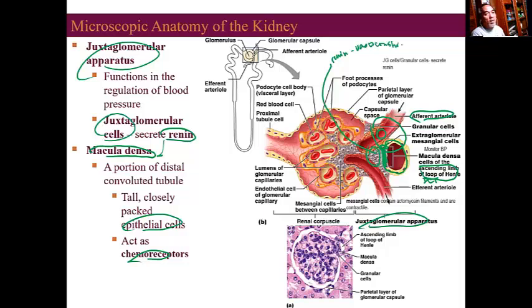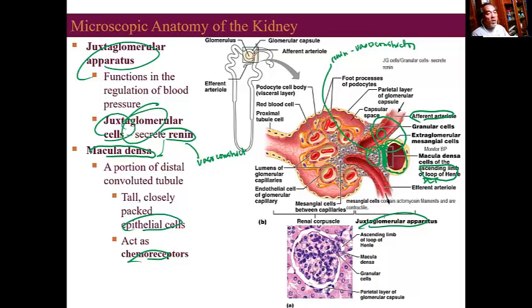Remember, when your blood pressure is low, you could be bleeding. So the kidney will secrete renin through the JG cells, and renin is a vasoconstrictor. When you constrict the blood vessel, it will still maintain normal blood pressure because you're decreasing the volume. So the blood pressure will maintain that pressure, okay?